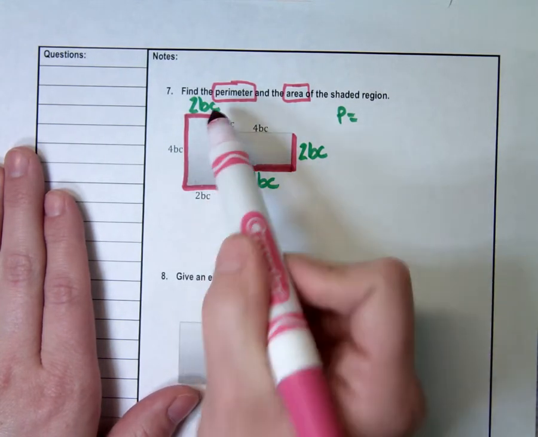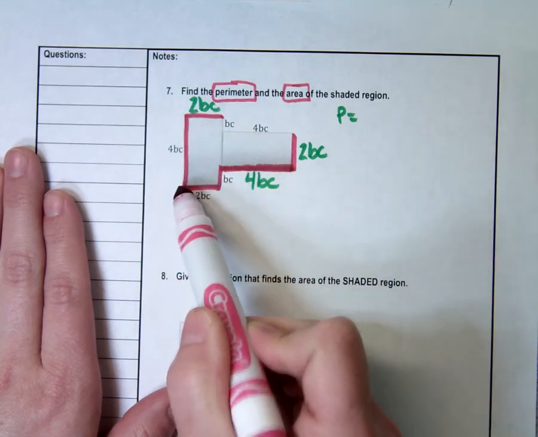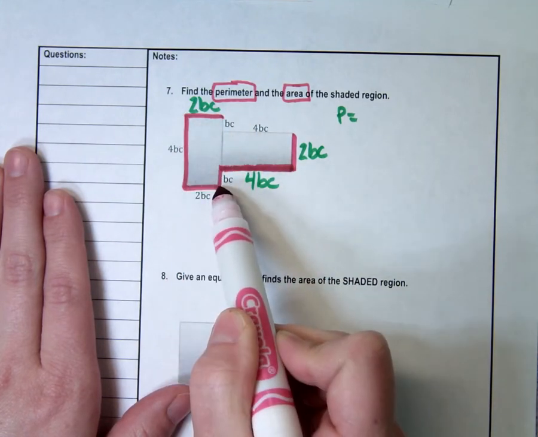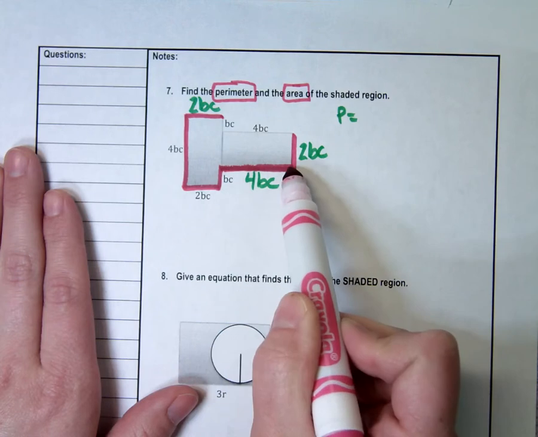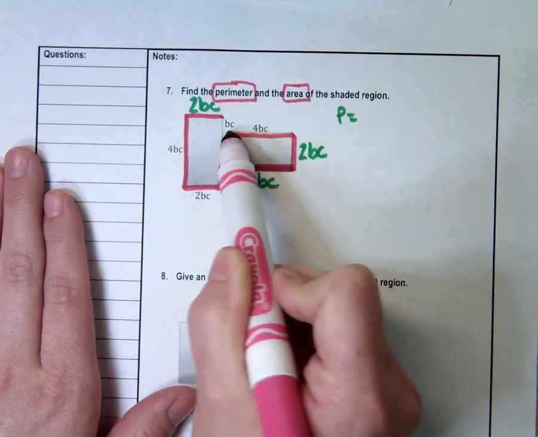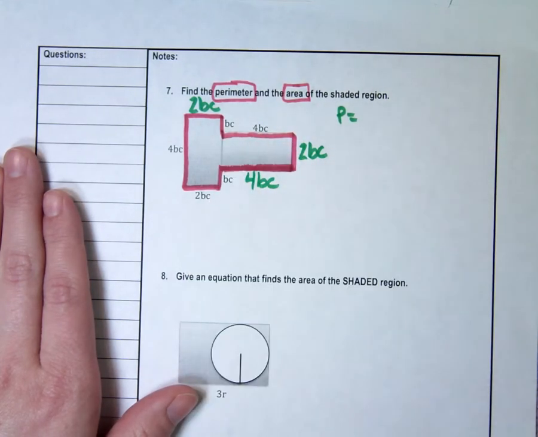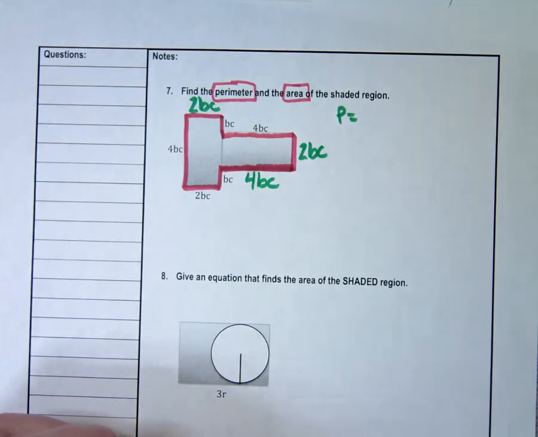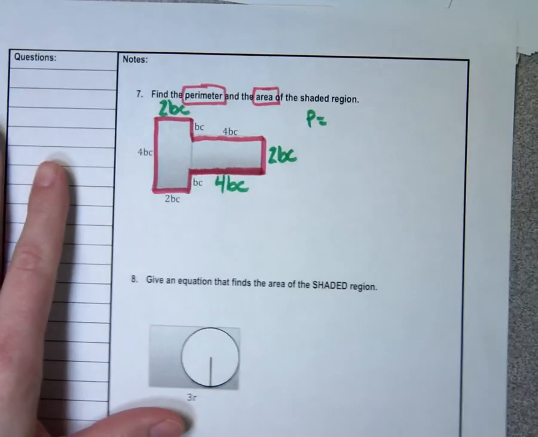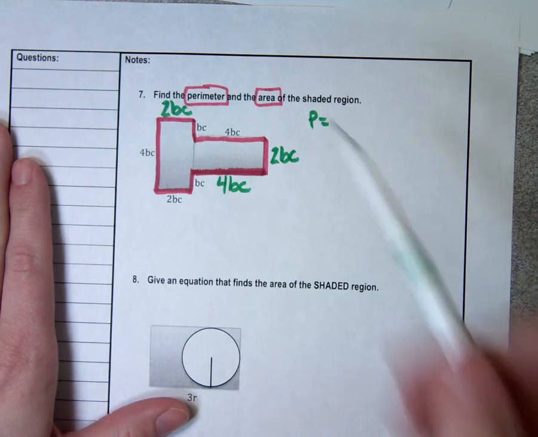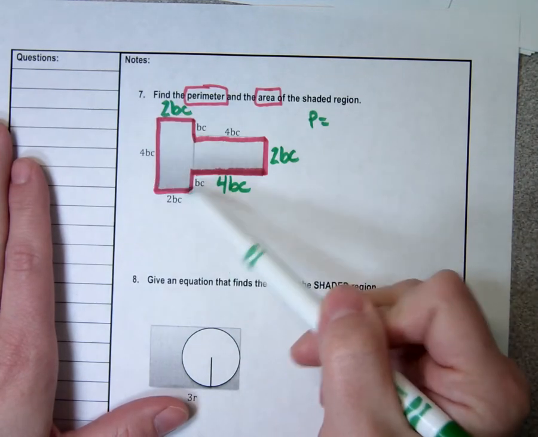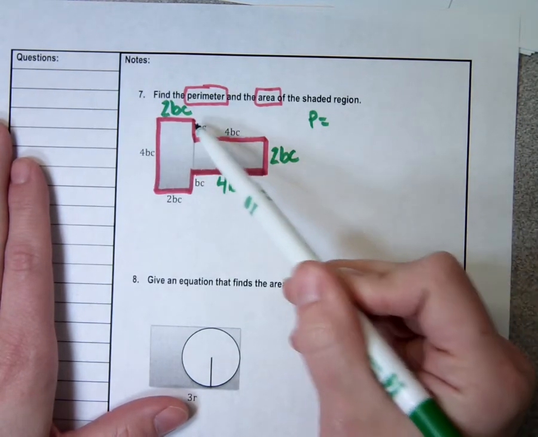Okay, so let's try this again. Perimeter will be 2BC plus 4BC plus 2BC plus BC plus 4BC plus 2BC plus 4BC plus BC. Are they all like terms? They sure are. So all I have to do is add the coefficients, and what's 2 plus 4 plus 2 plus 1 plus 4 plus 2 plus 4 plus 1?